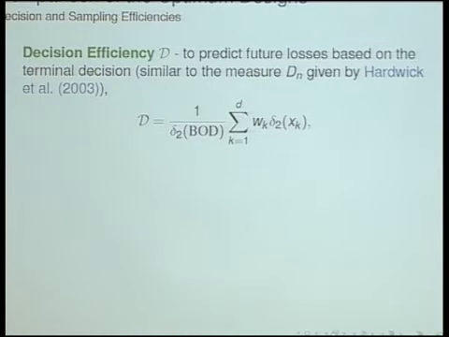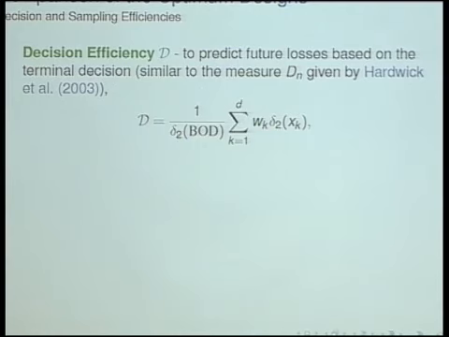Then we introduced two other measures, numerical measures, after Hardwick and others. It's not the same, but it's very similar. And the idea came from the paper, which is to predict future losses based on the terminal decision. We use this function delta 2, which gives us the BOD here.